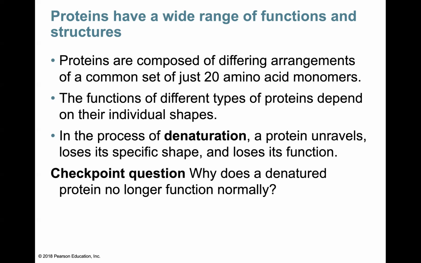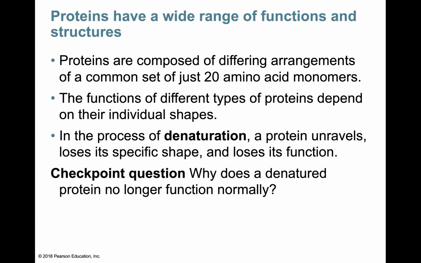The functions of different types of proteins depend on their individual shapes. In just a second, we'll look at the different shapes or conformations that proteins can take. It is these shapes or arrangements of proteins that will dictate their function.